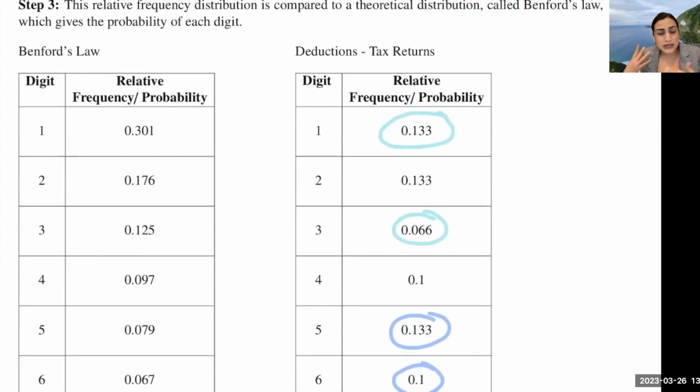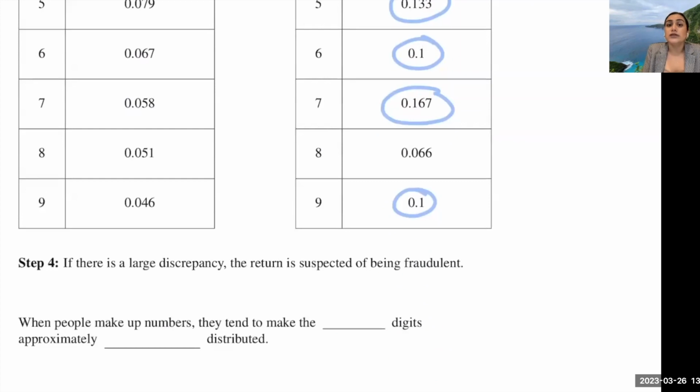Using Benford's law, we can detect if people are committing fraud. Why does that happen? What do people normally do that makes them suspicious? When people make up numbers, they tend to make the first digit approximately uniformly distributed.